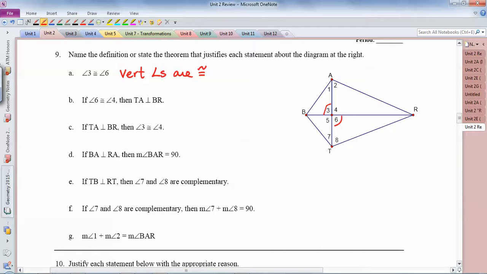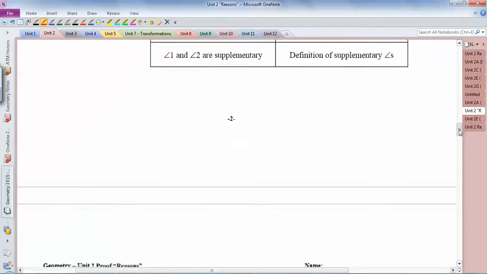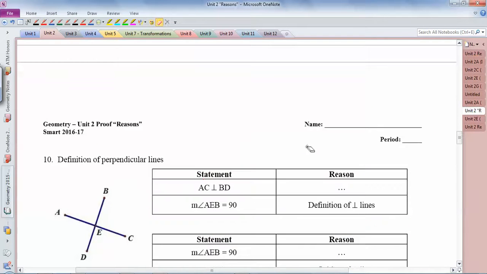Okay. B says if 6 is congruent to 4, then TA is perpendicular to BR. So if congruent angles, then perpendicular lines. So let's come over to our reasons. All the perpendicular stuff is on page 3 here.